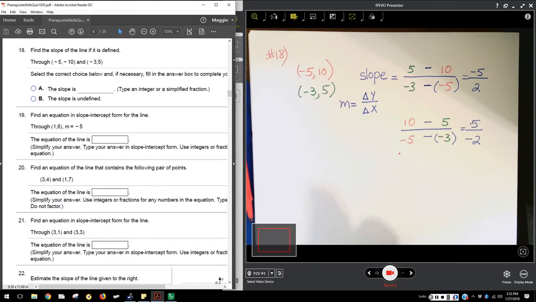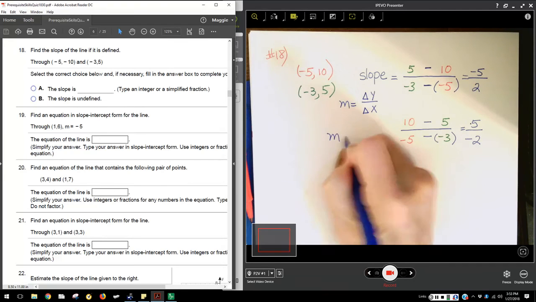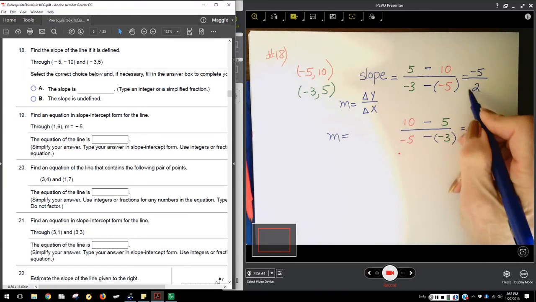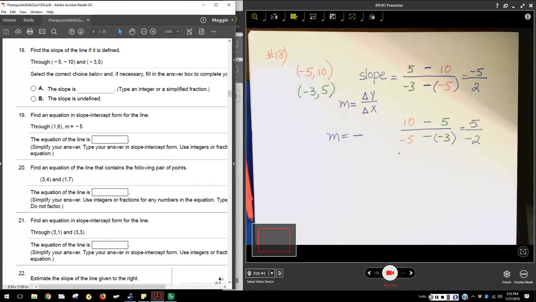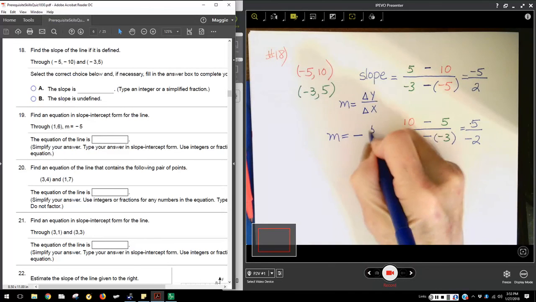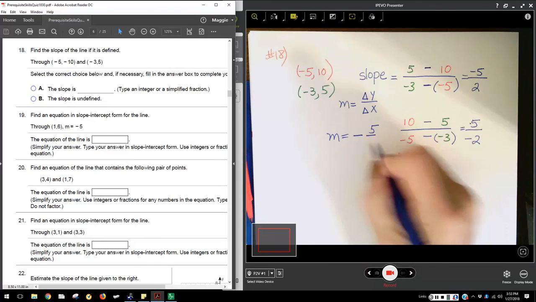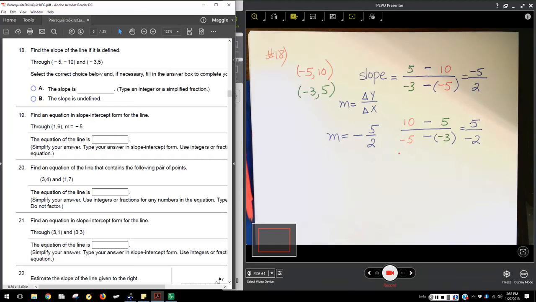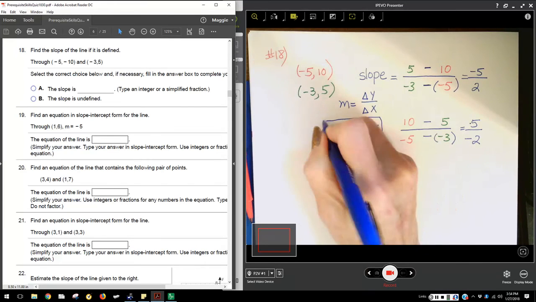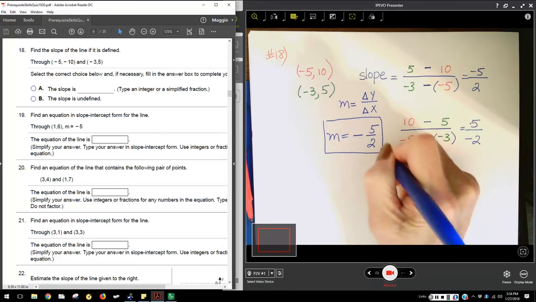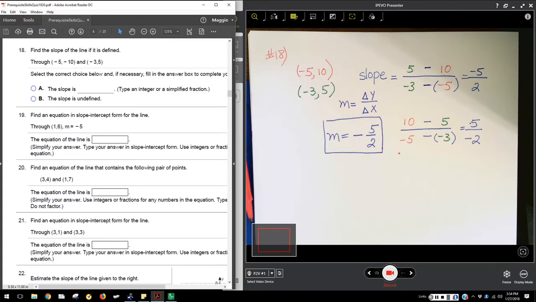But in either case, my slope, since I have a negative over a positive or a positive over a negative, my slope is negative. And its value, its absolute value, is 5 over 2. So that's the correct slope. Please be sure you learn that process. That's a very important process.